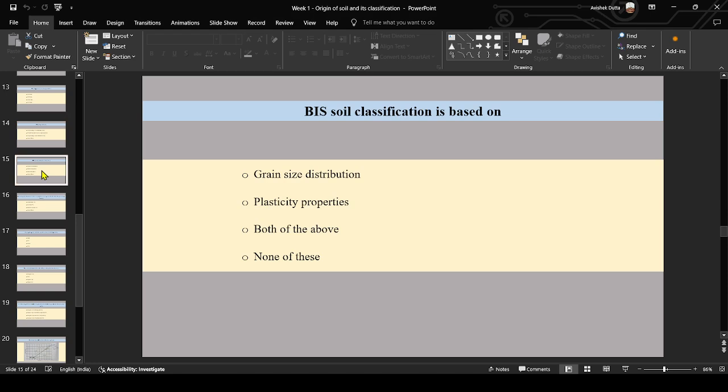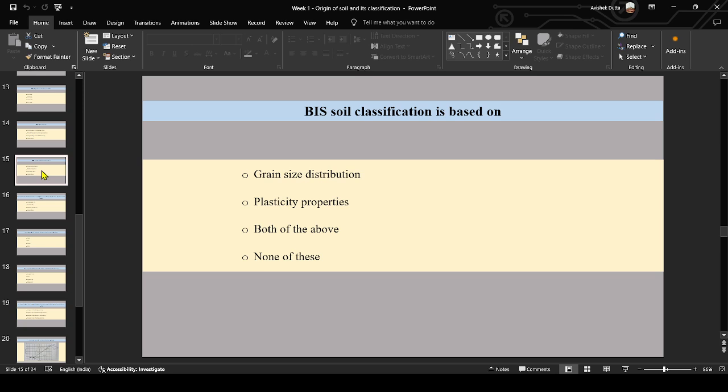The next question is, BIS soil classification is based on. The options are grain size distribution, plasticity properties, both of the above, or none of these.